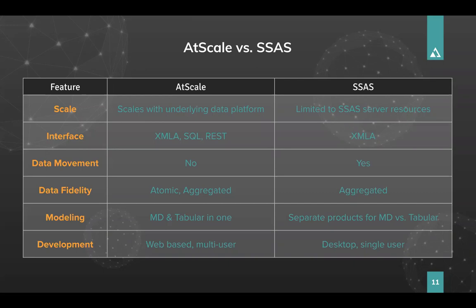I wish I had that at Yahoo. You're going to see modeling, both multi-dimensional and tabular. It's not either or, you have both in one. And you're going to see that we are built for multi-user. One of my big difficulties, and the thing that really hurt my agility at Yahoo, was that I could only have one engineer work on the Tau cube at a time.